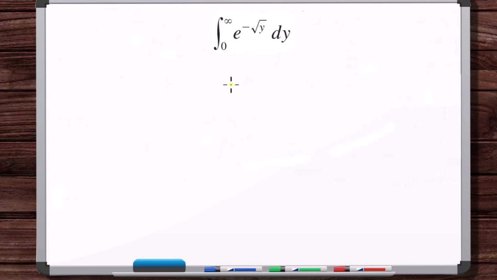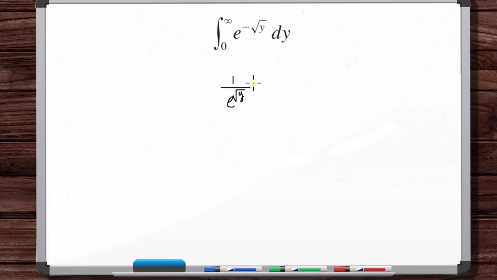Okay, well, this is 1 over e to the root y. When y is equal to 0, e to the 0 is 1, so we're starting at 1. Then as you go to infinity, you can plug in any number greater than 0 here, and there's no issue.